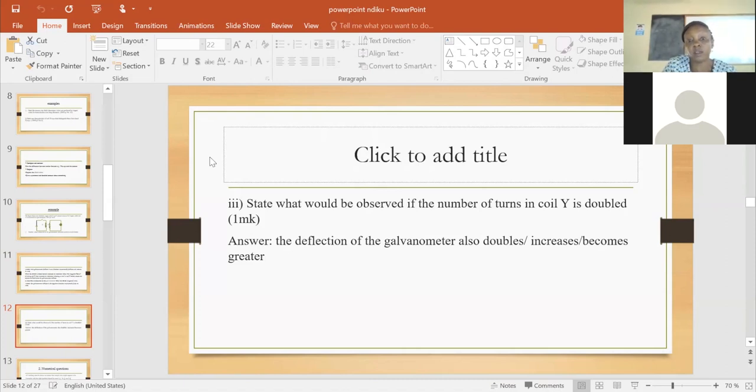The deflection in the galvanometer doubles or increases, or you can say becomes greater. That shows it will be greater than it was at the beginning. So a comparative term in that case is important.